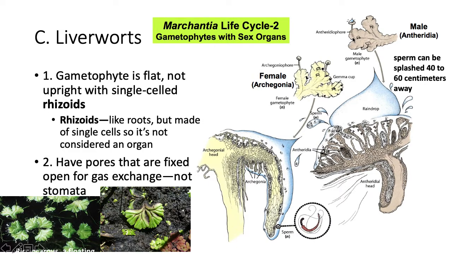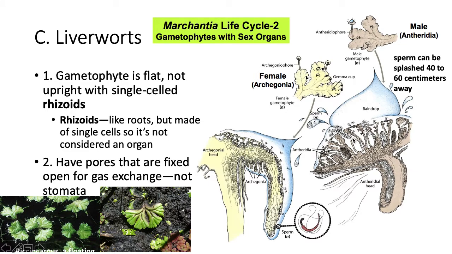Okay, so let's take a look at just a quick life cycle of liverworts here. Here's the male antheridia. Okay, it's going to produce male spores or sperm, if you will. And then here's the female. So when it rains, it splashes, and the sperm basically jump in that raindrop. So here's the raindrop.